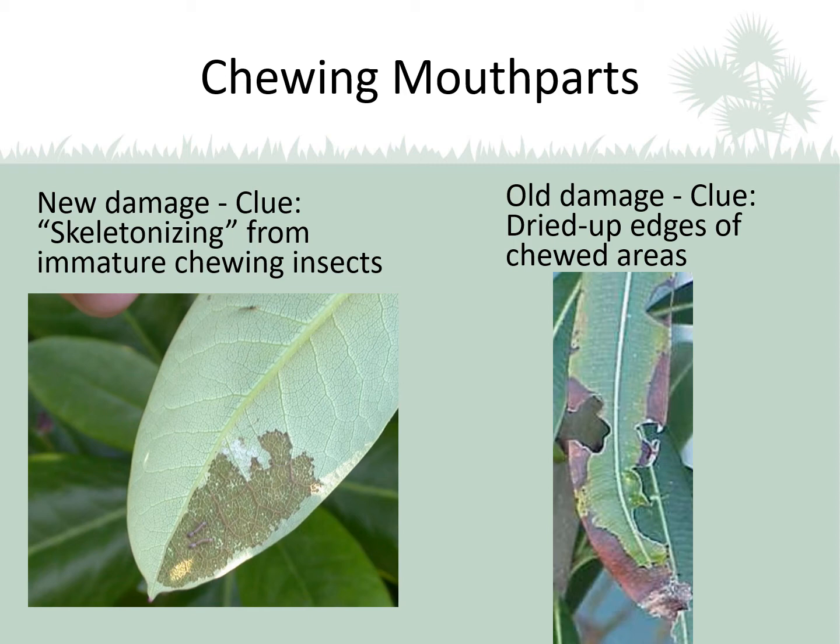It didn't have the ability to chew and tear the leaf tissue at that stage. Here we see another, with dried up edges of the chewed area. That can bring on all kinds of physical damage followed by pathogenic damage. So insects can oftentimes open the door for other issues, and it may not look like insect damage initially.